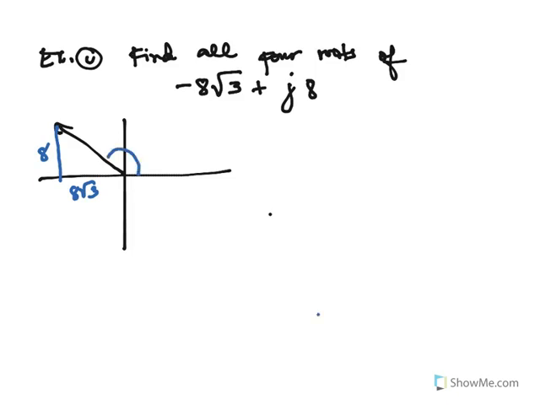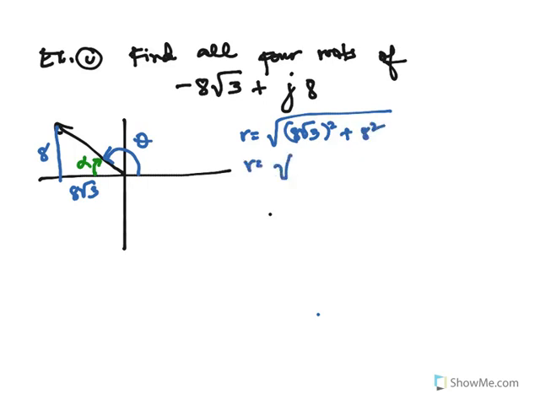Now your argument is this, and so we need to solve for this angle alpha and relate it to your theta later on. So we first solve for the value of our modulus. R is equal to the square root of 8 square root of 3 squared plus 8 squared.